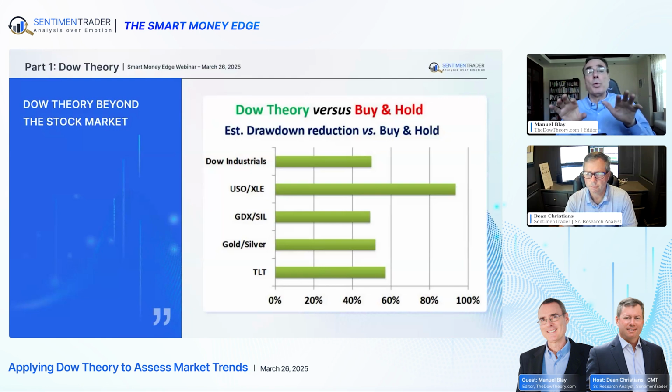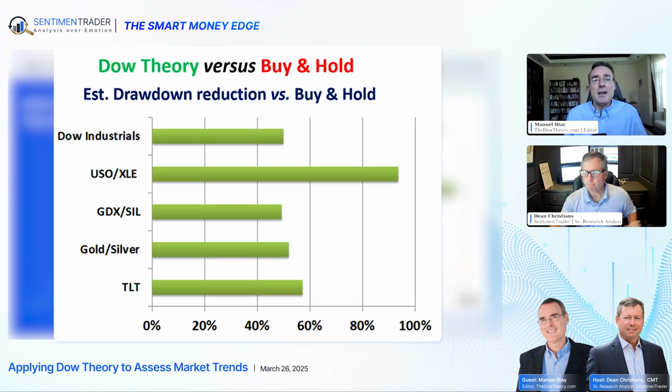The same applies when we go to energy, precious metal miners, even treasury bonds. I show TLT because it's the one I trade, but the pair I use is TLT and IEF. So let's look at the slide.